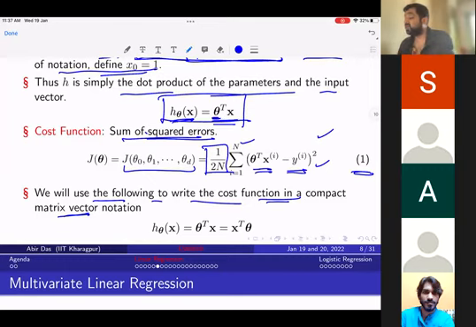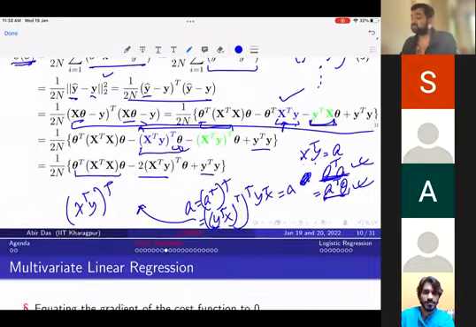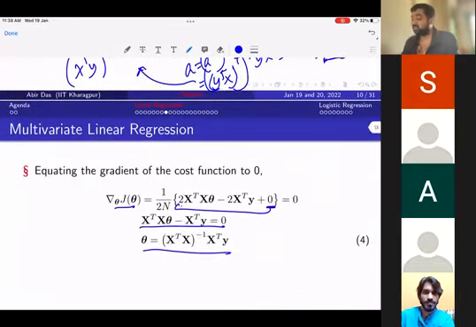If you are minimizing J theta, finding the arg min with respect to theta, this is the same as arg min of k times J theta for some constant k. The same theta minimizes it. These two factors get cancelled, so it's just mathematical convenience, nothing else.